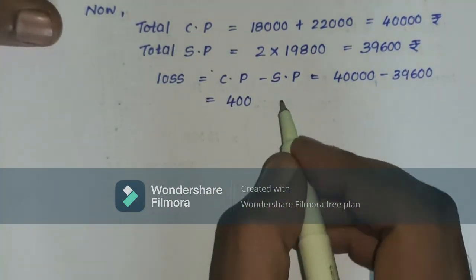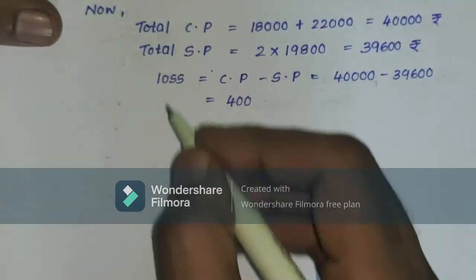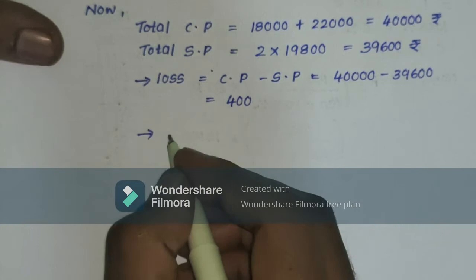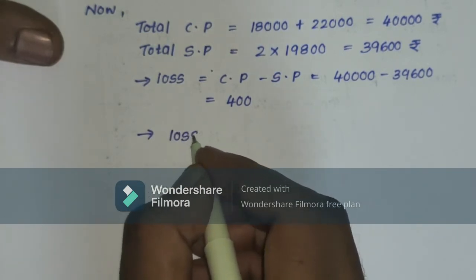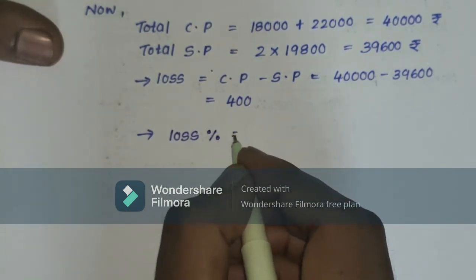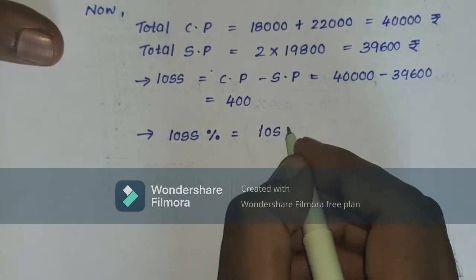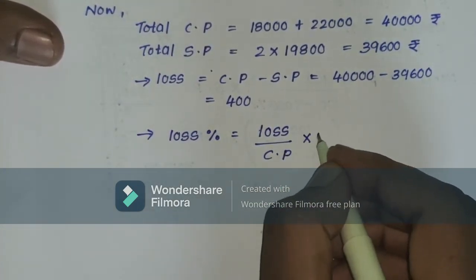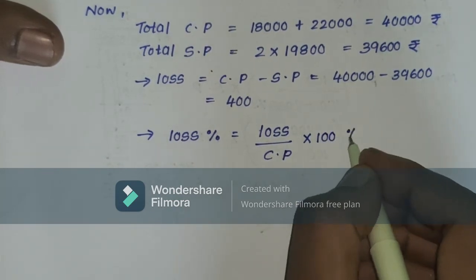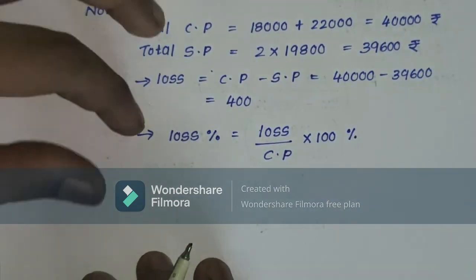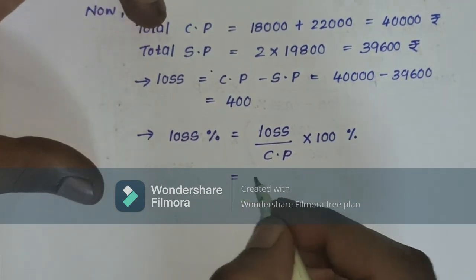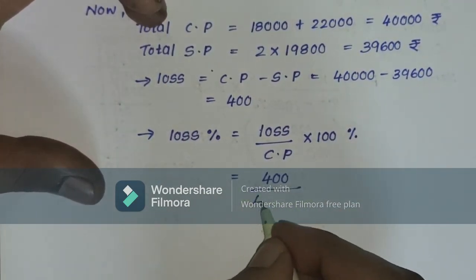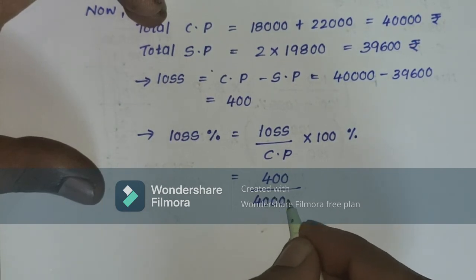Therefore, we can easily find out the loss percent in the overall transaction. Yes. So write down the formula, student. So loss percent is equal to loss upon CP into 100, student, and your answer will be in percent, right? So let us solve. Loss amount is 400. What is the CP? CP is 40,000, student, right?